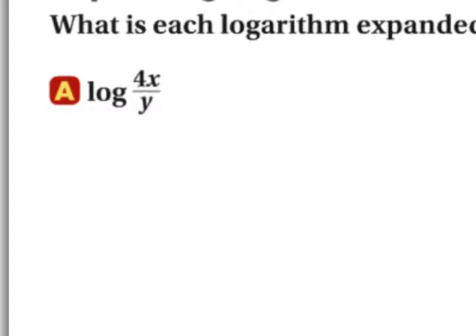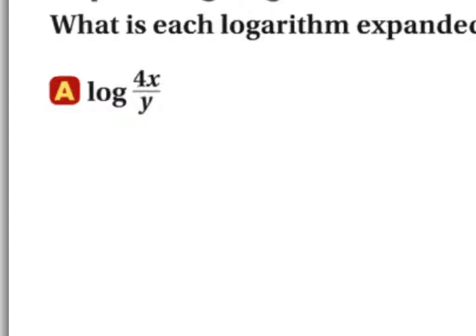Okay, so first thing is first, we want to work with our order of operations. If we knew the order of operations, I would have to first multiply the 4 times the x, then divide by y, right? Well, I'm breaking this apart, so it's kind of like solving. I'm undoing that. So we've got to first undo that division. I've got to break apart the fraction. And so how do I break apart the fraction?